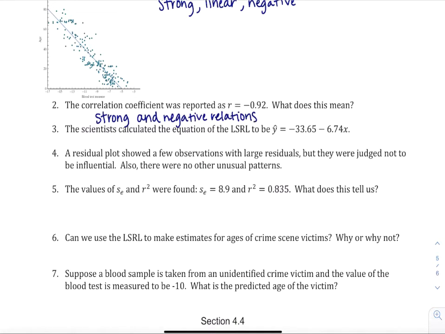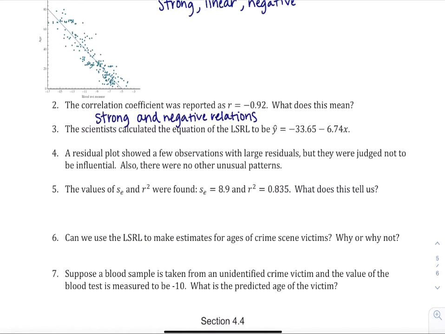We're given the equation of the least squares regression line, y hat equals negative 33.65 minus 6.74x. The residual plot showed a few observations with large residuals, but they weren't judged to be influential, so we didn't have any other unusual patterns. So that means we can keep going in our analysis.